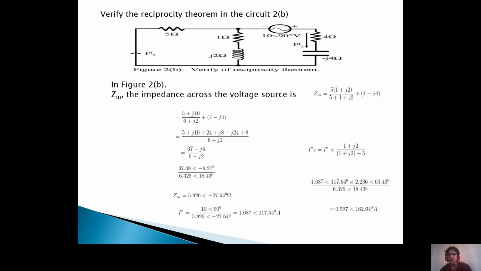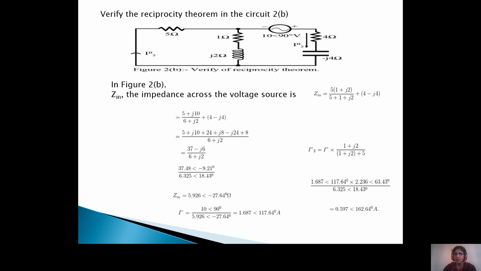So I2 dash is equal to the total current. When you have to find this current, what is the opposite impedance? 1 plus j2. According to the current division rule, total current into opposite impedance by total impedance, that is 1 plus j2 by 1 plus j2 plus 5.